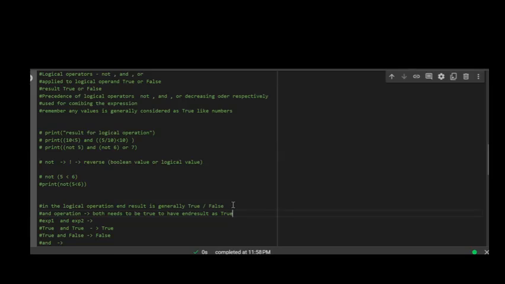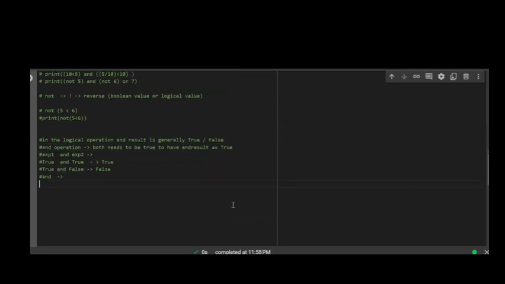This is largely used in conditional statements, where if the condition is true, the block inside gets executed, which is a later concept. For now, just understand the AND result. Both sides need to be true to have the end result as true.